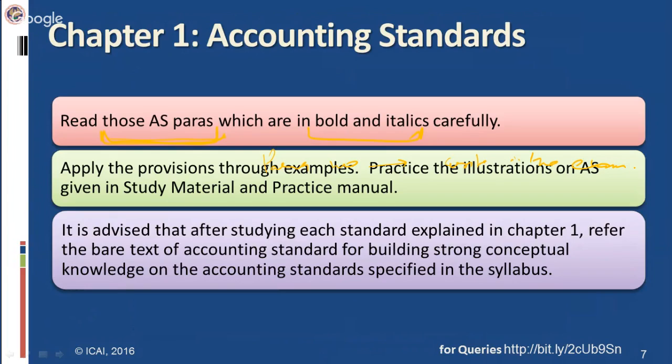You are required to refer to the bare text of the accounting standard also at certain situations where you're not clear from the crux, where the summary or the explanation of the accounting standard is not clear to you, then you are advised to refer to the bare text of the accounting standard.